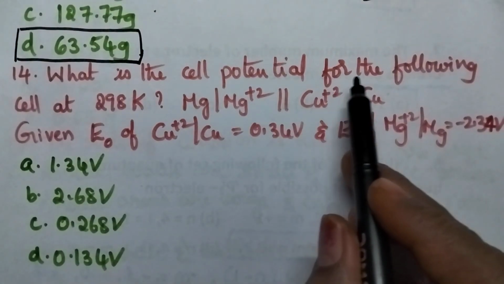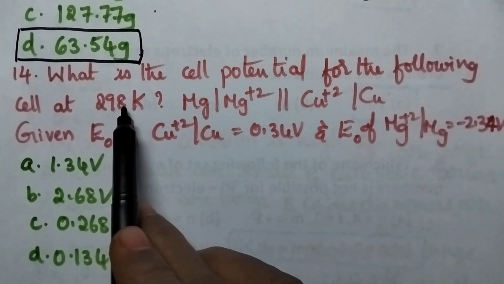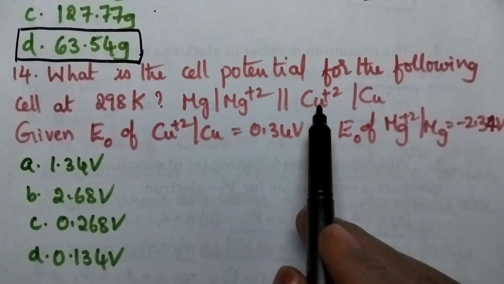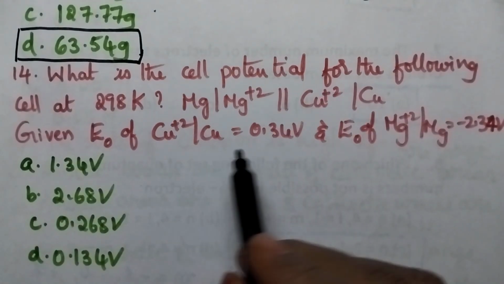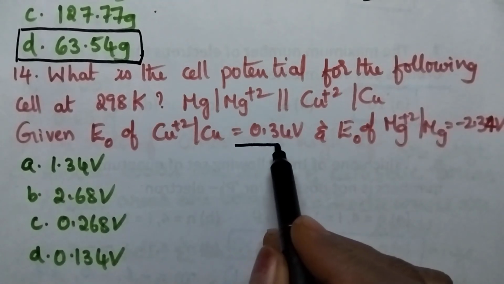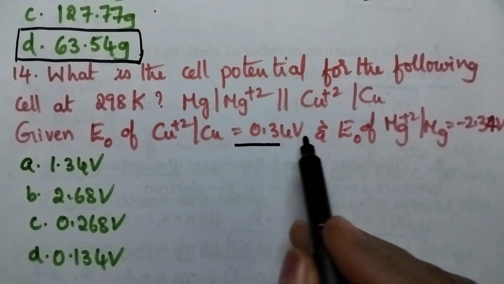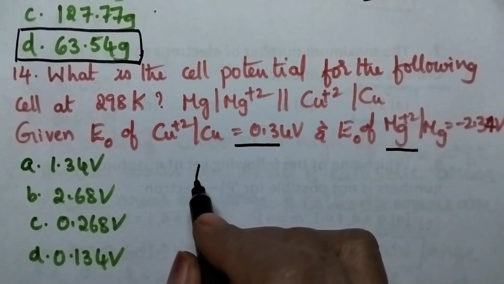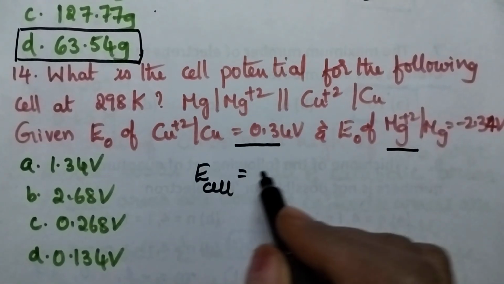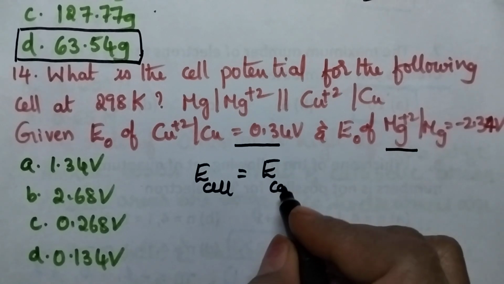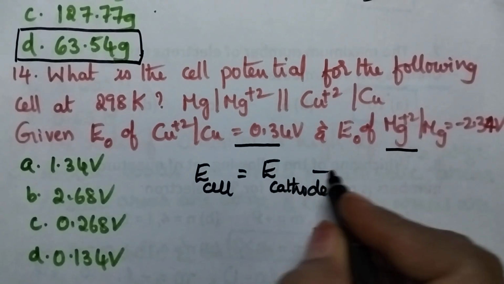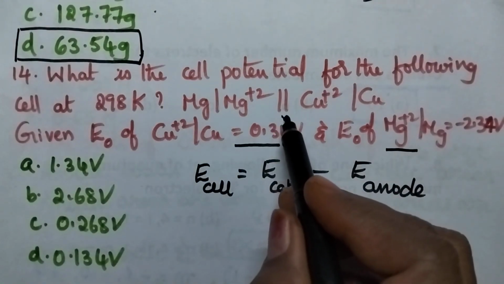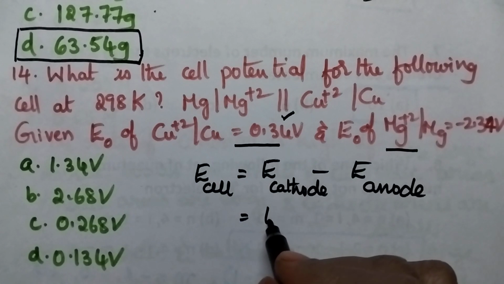What is the cell potential for the following cell at 298 Kelvin? Magnesium is oxidized to Mg+2 and copper ions will be reduced to copper. The electrode potential of copper is 0.34 volts, whereas that of magnesium is -2.34 volts. So the EMF of the cell can be calculated by using the formula E cell is equal to E cathode minus E anode. Here the metal with higher reduction potential will act as cathode.